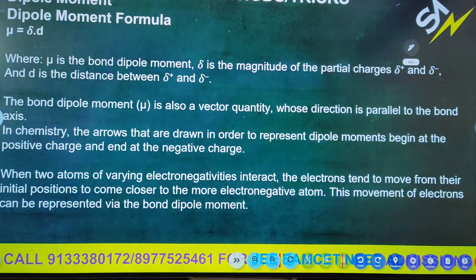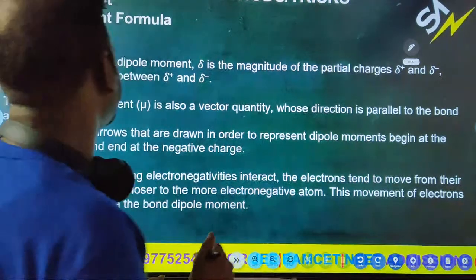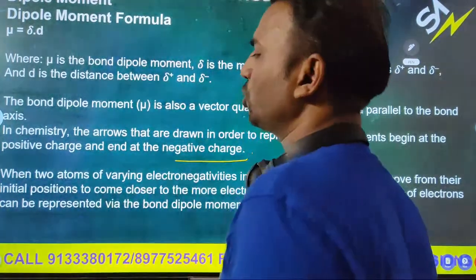Next, the dipole formula we learned here: what is the dipole moment? Mu. It is also a vector quantity, as its direction is parallel to the bond axis. In chemistry, arrows drawn to represent the dipole moment begin at the positive charge and end with an arrow at the negative charge. We start from the positive charge in a molecule and end at the negative charge.